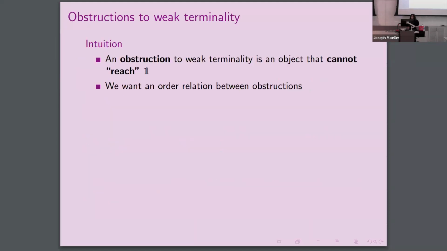So the intuition for obstructions to weak terminality is the following. You could say that an obstruction is an object that cannot reach a candidate weak terminal object, right? And ideally, we also like some kind of order relation between obstructions, such that if you have a morphism from one obstruction to the other, then you could say that the first obstruction is more fundamental than the second. And if you have two morphisms between two obstructions in the two directions, you would want these obstructions to be equal.